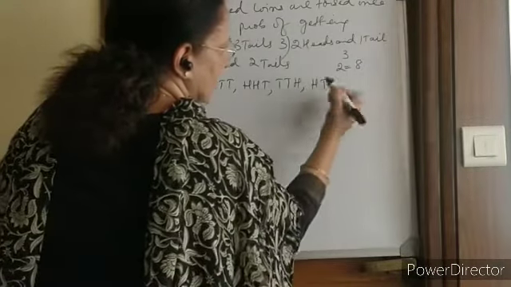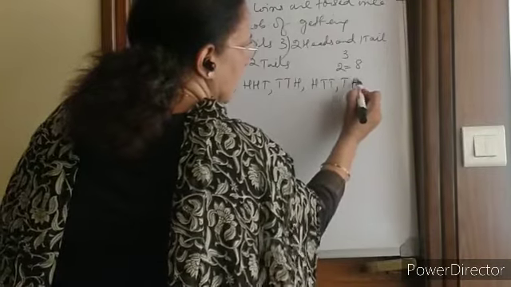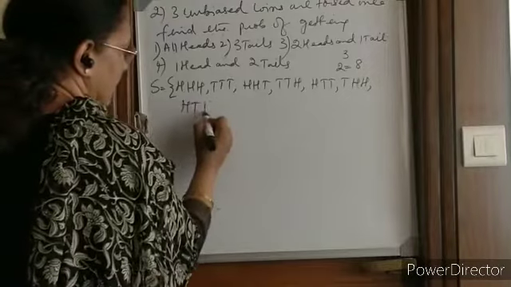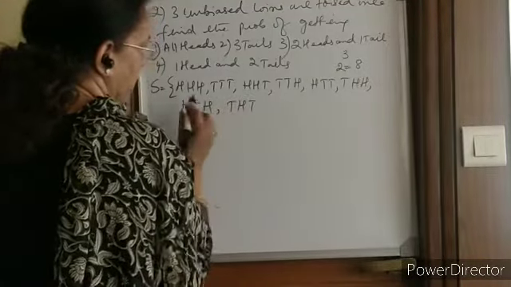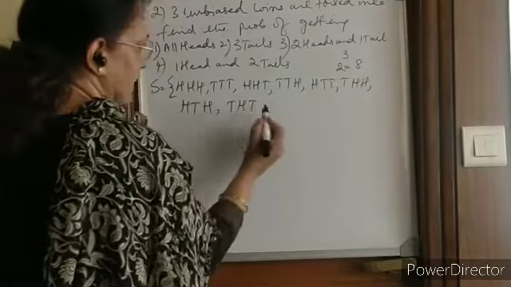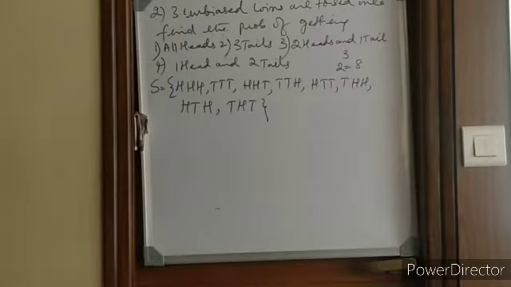Then this is opposite or reverse, whatever it is. So this will become T, H, H. So the other leftover, one is H, T, H, another one is reverse, T, H, T. Now count here 1, 2, 3, 4, 5, 6, 7, 8. Now that is what you get here, 8. Okay. Just go through that one.